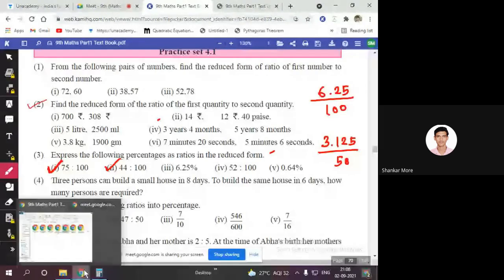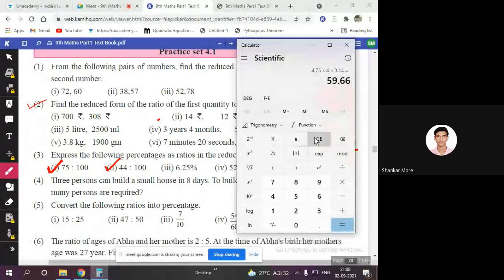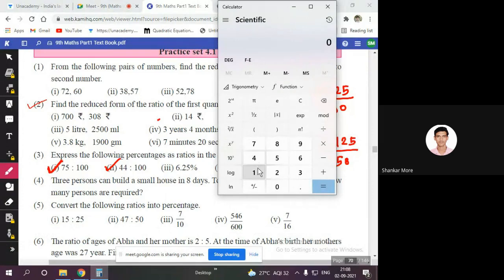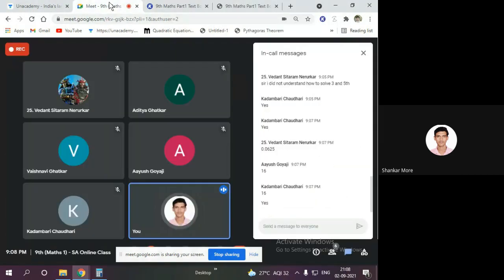I'm stopping my presentation. I'm presenting my entire screen now so that you can see the calculator. Okay, so here is the calculator, and let us suppose we are dividing 100 by 6.25. So what is it? It is 16, isn't it?